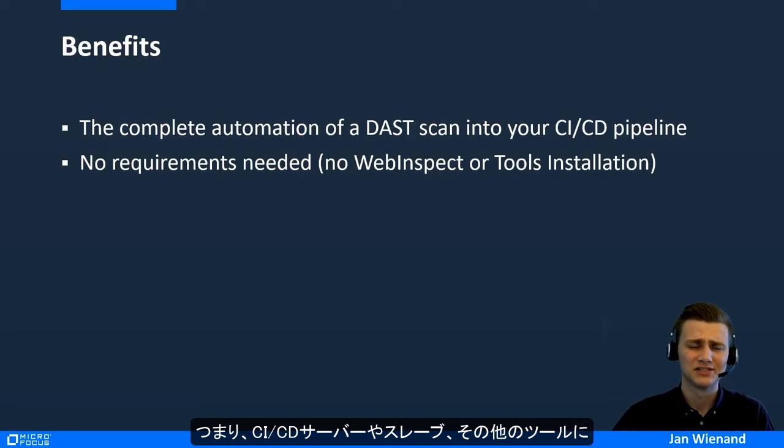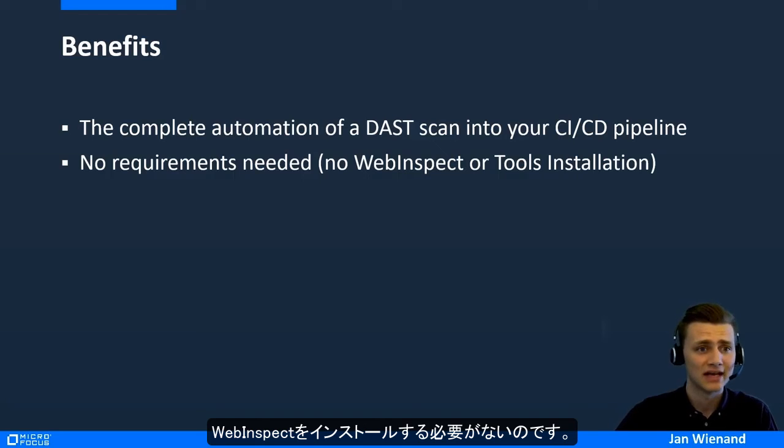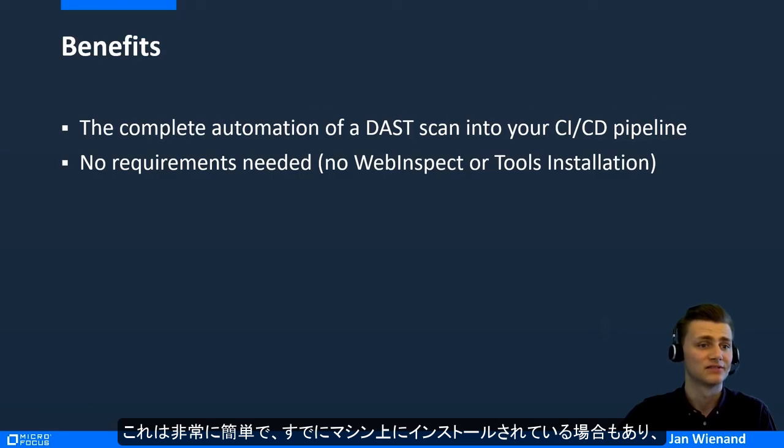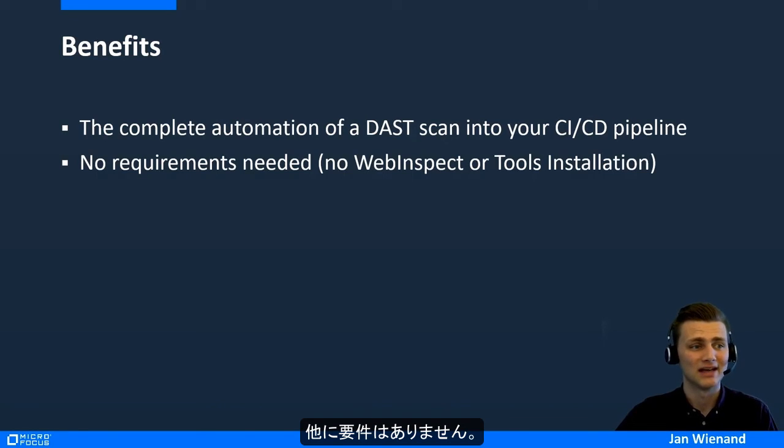So you don't need to install WebInspect on your CI/CD server or your slave or any other tools. The only thing that you need is, in this case, PowerShell 7, but that's very easy and sometimes already on the machine. So you don't need any other extra requirements.